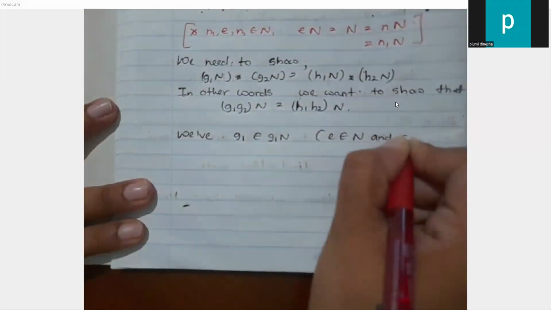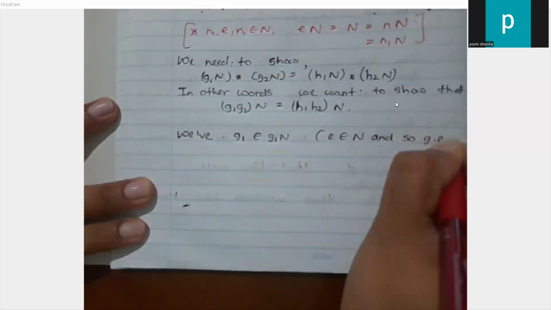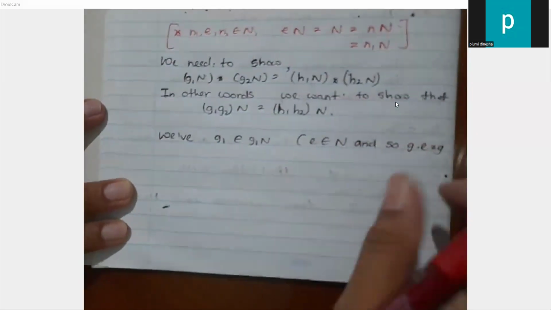And so g times the identity equals g, which is in gN, right?